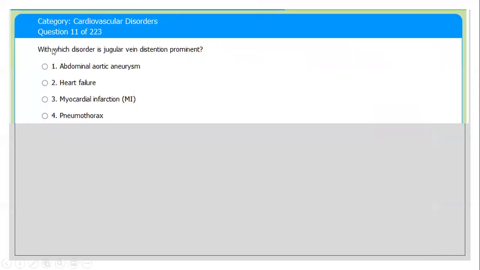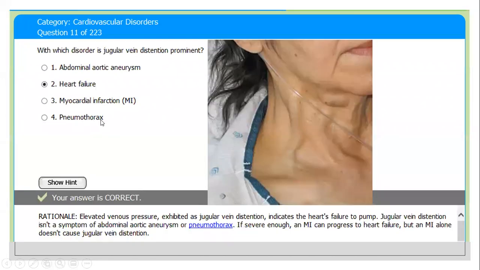Next question, with which disorder is jugular vein distension occurring? Abdominal aortic aneurysm, heart failure, myocardial infarction, or pneumonia. Yes, heart failure.